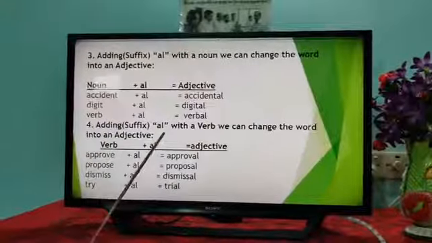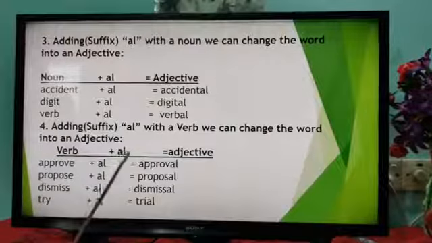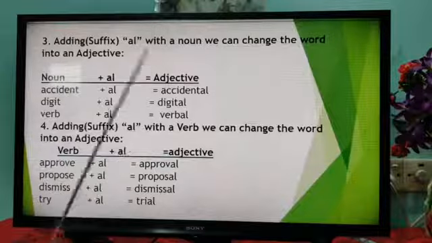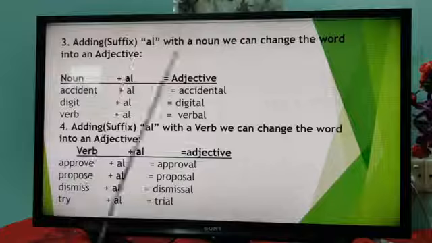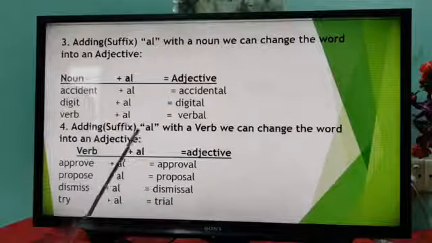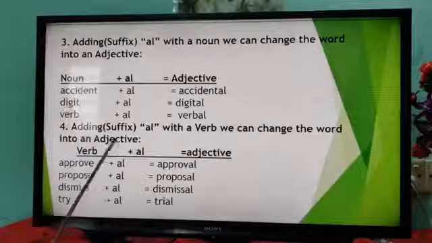Number four, adding suffix al with a verb, we can also form a new word, and it is an adjective. Okay, al with a noun and al with a verb. If we add al with a noun, we can form a new word, and it is an adjective, and also al with a verb, we can make it an adjective.